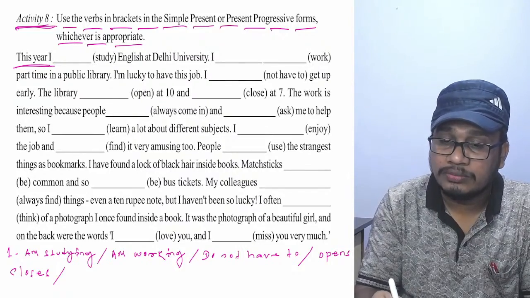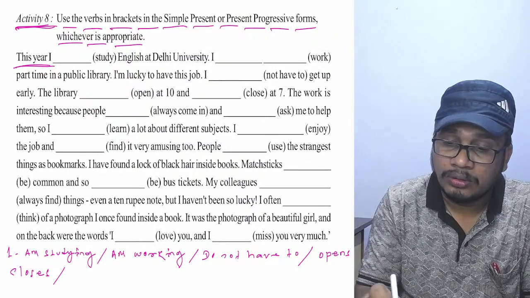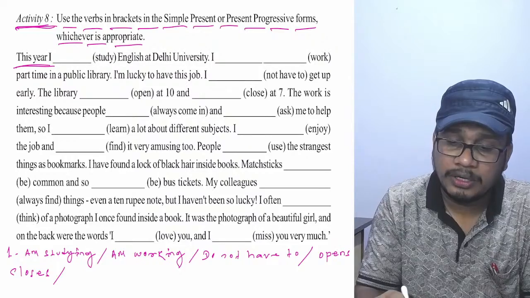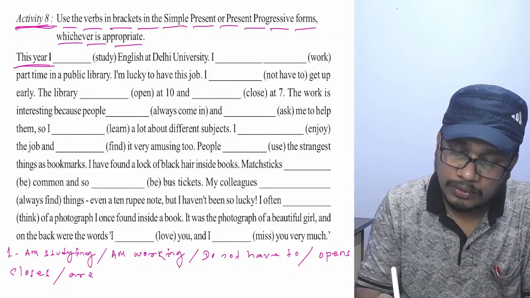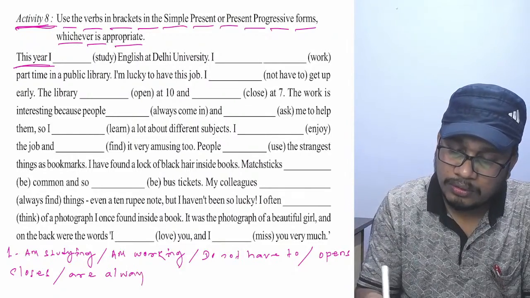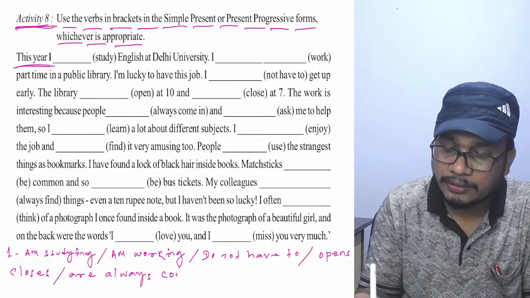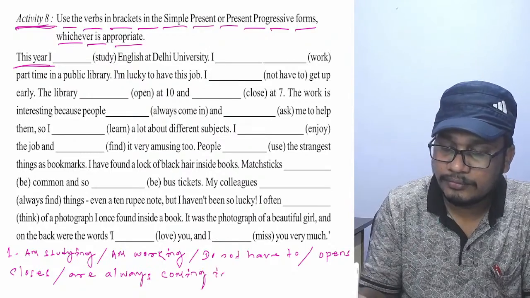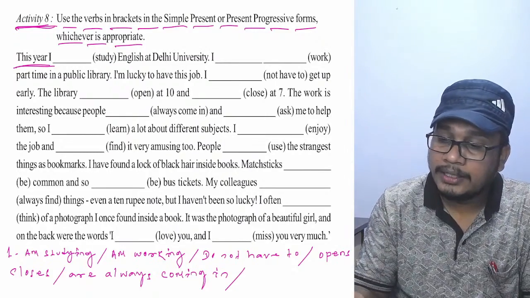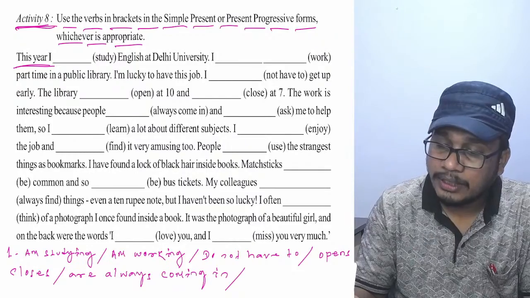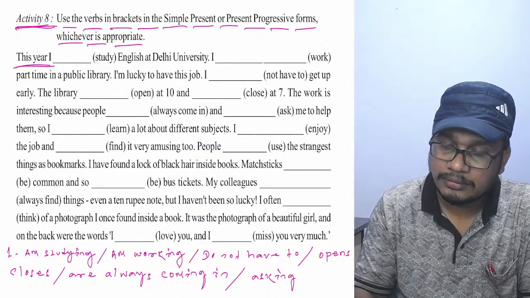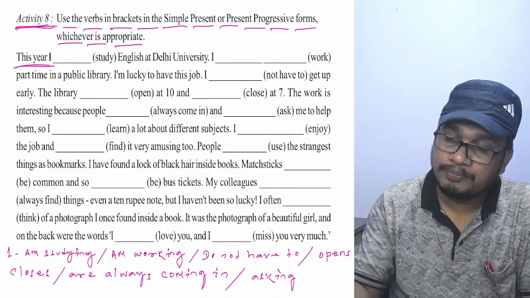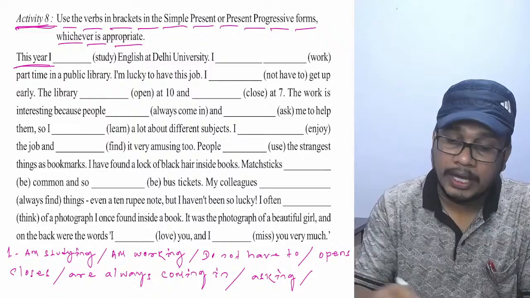The work is interesting because people are always coming in, and asking me to help them.